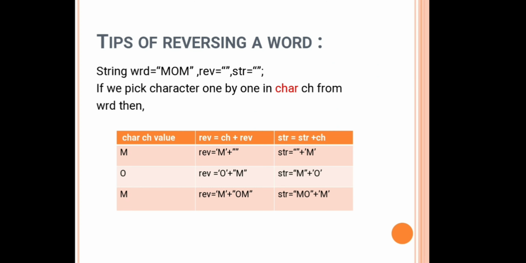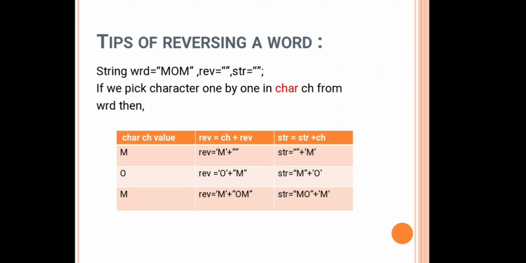Str contains nothing but ch contains M. If we concatenate both of them, we get the value of str as M. Presently the value of str is M and REV is M. Both have the same value presently.